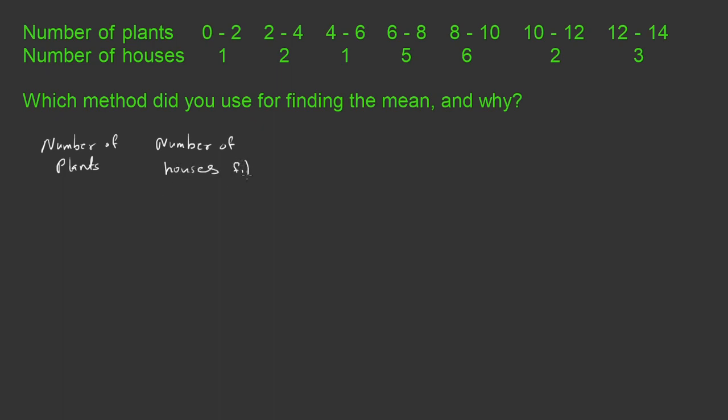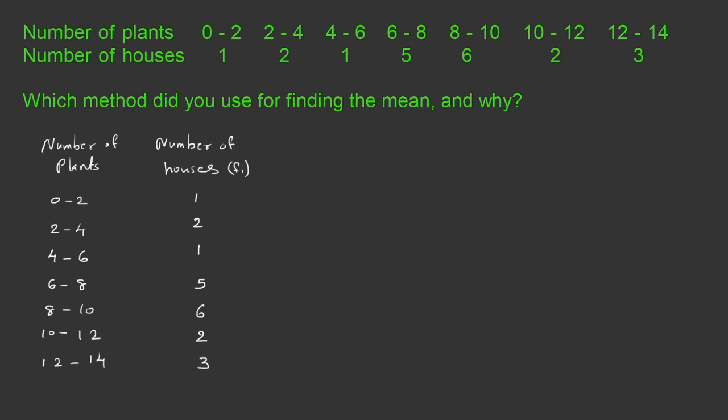I know it is Fi, so I am writing it: 0 to 2, it is 1; 2 to 4, it is 2; 4 to 6, 1; 6 to 8, 5; 8 to 10, 6; 10 to 12, 2; and 12 to 14, it is 3.